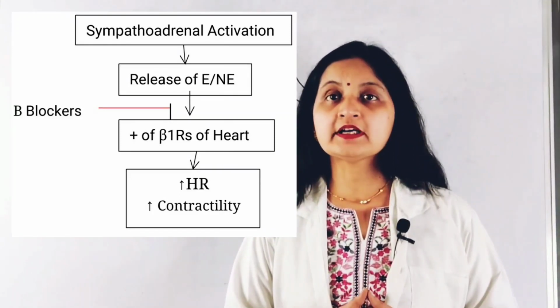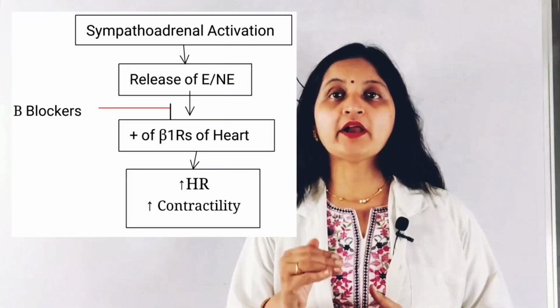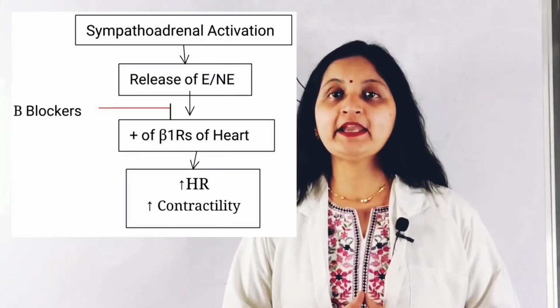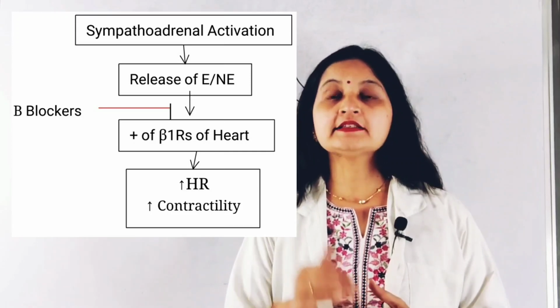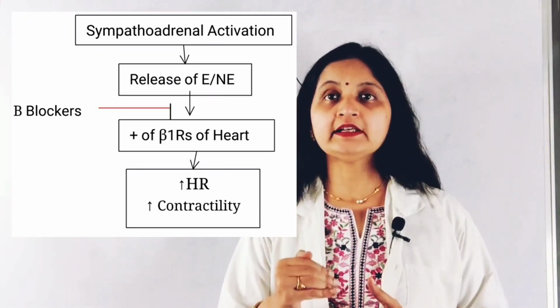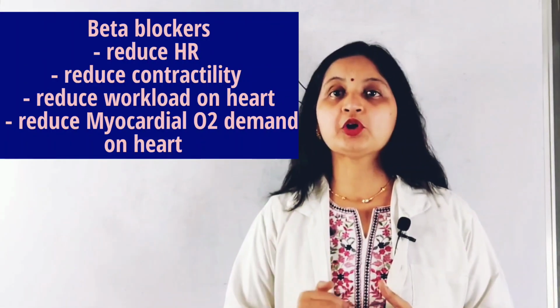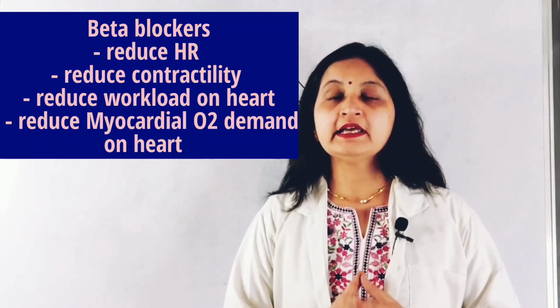Administration of beta blockers would antagonize the beta-1 receptors of the heart, and this prevents the action of epinephrine and norepinephrine, thus decreasing the heart rate, contractility, the myocardial workload, and decreasing the myocardial oxygen demand on the heart.